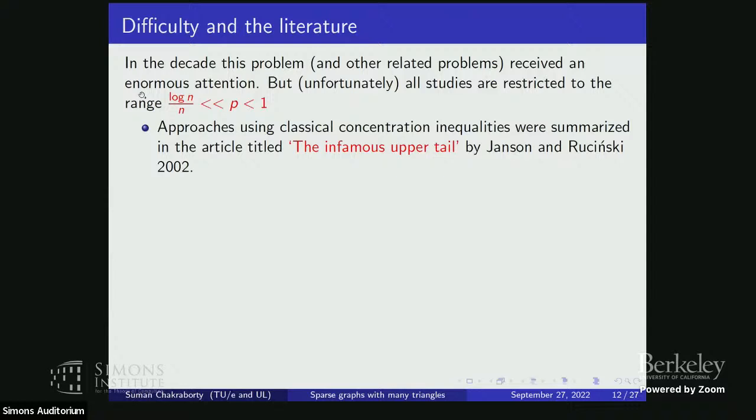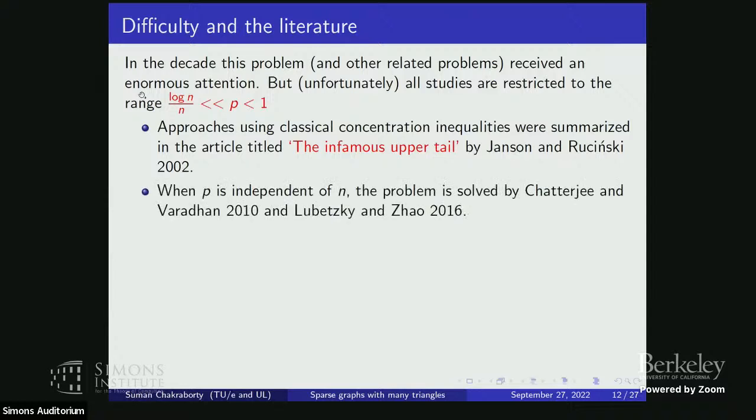The upper and lower bounds that were obtained using the classical concentration inequalities were summarized in this paper, the infamous upper tail of triangle counts.